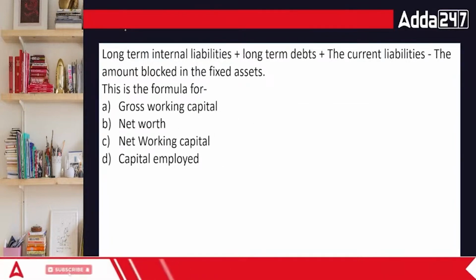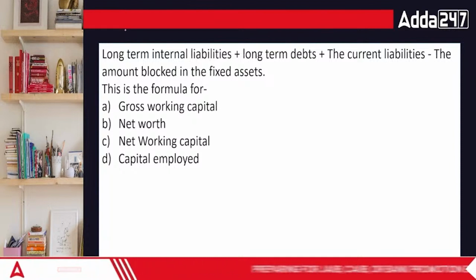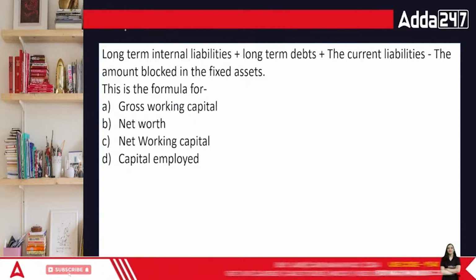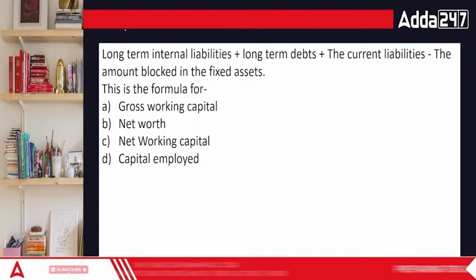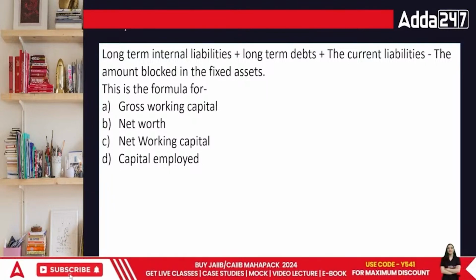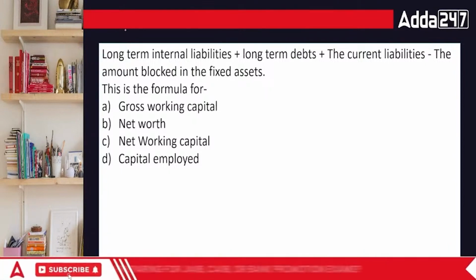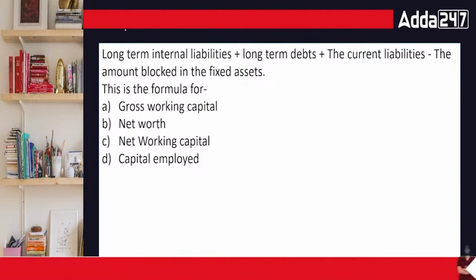Next question, everyone. Long-term internal liabilities plus the long-term debts plus the current liabilities minus the amount blocked in fixed assets. This is the formula of what exactly, everyone? Look at the formula very carefully. Gross working capital, net worth, net working capital, or capital employed.